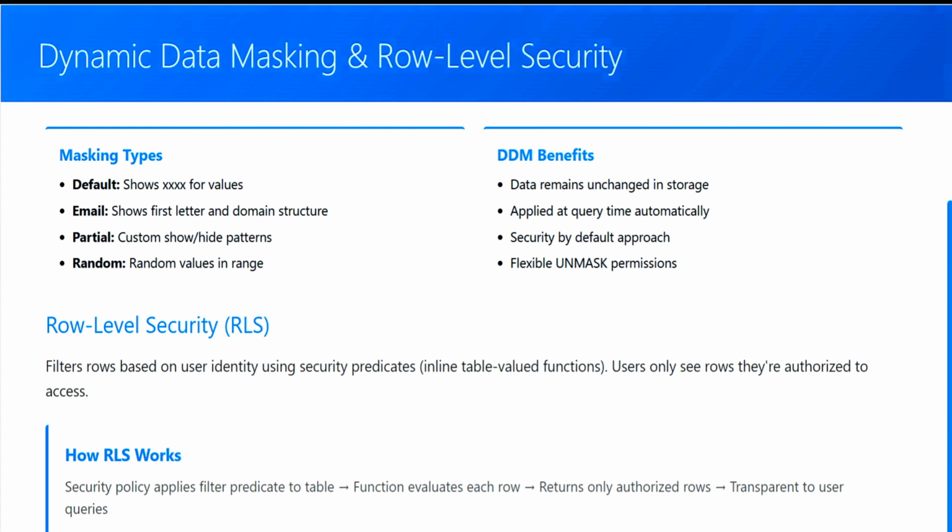So the really powerful part: you apply this mask when you create the table. They are always there, always working, but then you can grant specific users the unmask permission when they genuinely need to see the real data. It's security by default with flexibility when needed.